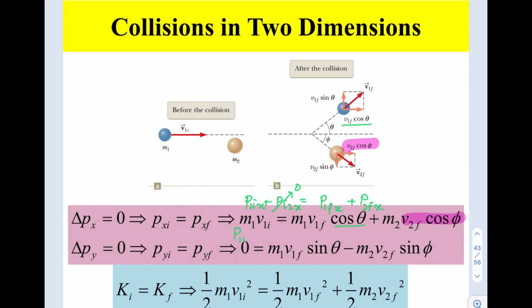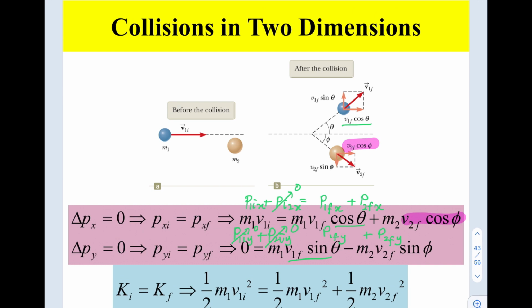So P1 initial in terms of Y plus P2 initial in terms of Y, both of them do not have any V along Y initially, equals P1 final in terms of Y plus P2 final in terms of Y. Why is there a negative sign here?